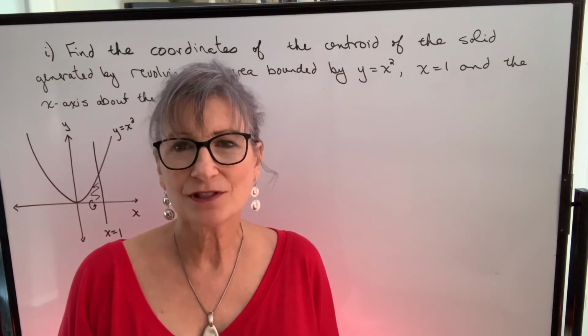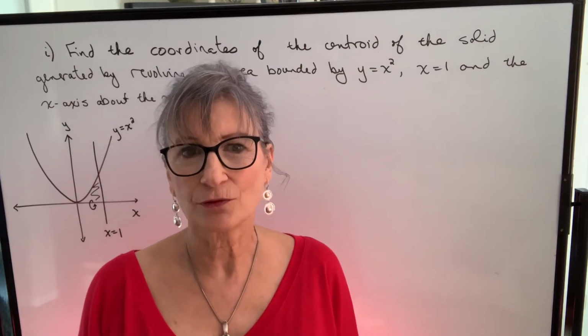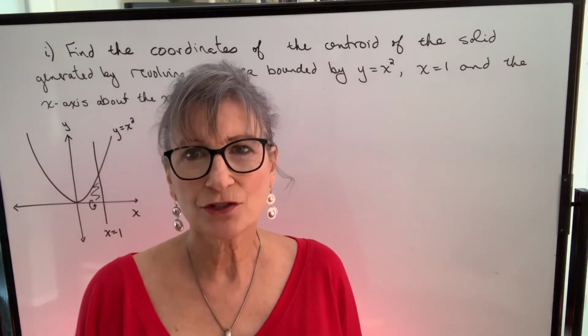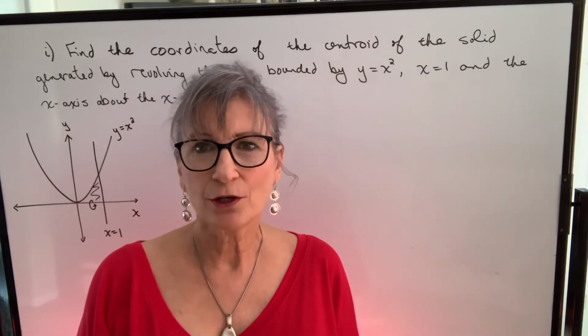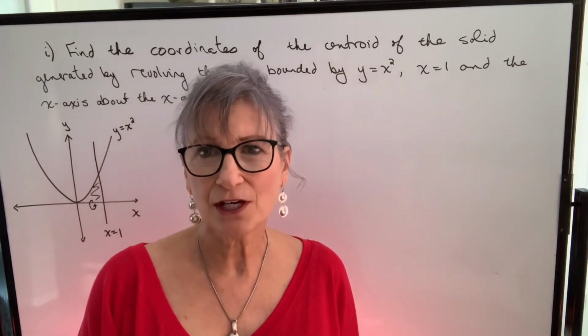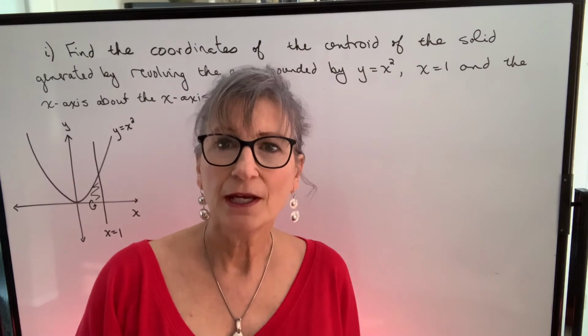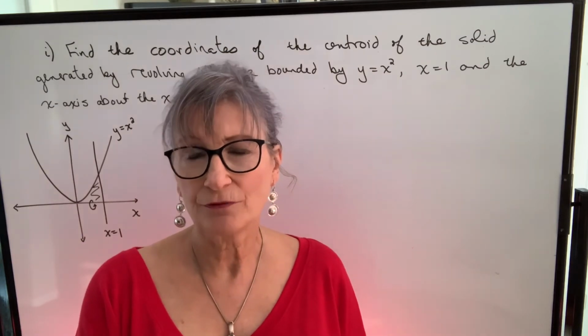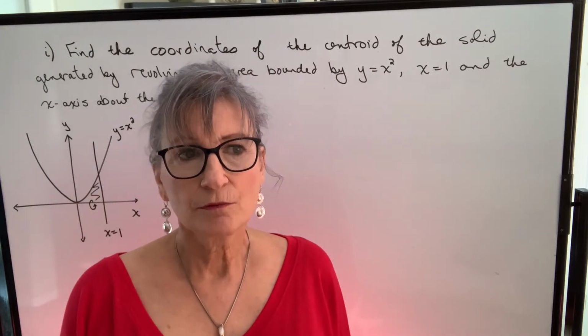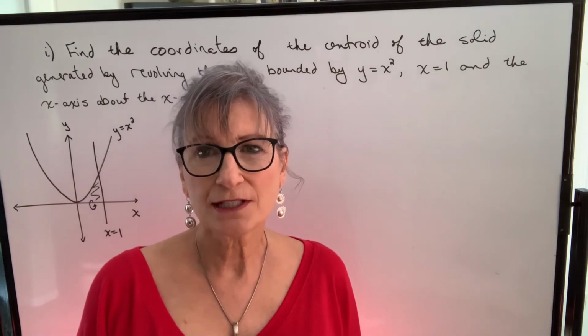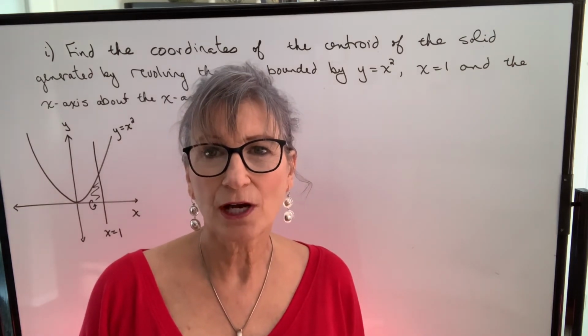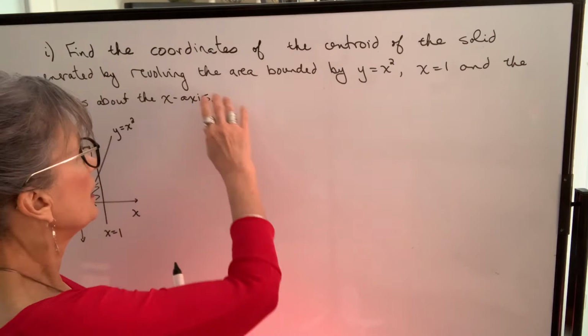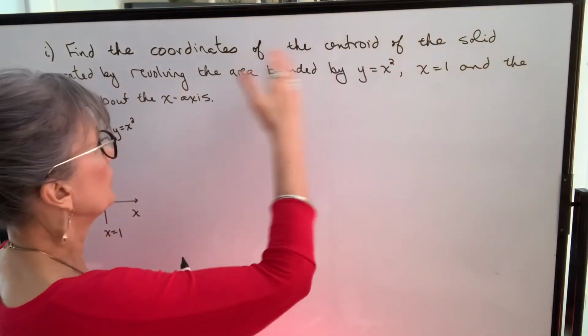I find that students make the mistake of not reading the question carefully. Many of these questions look very similar, whether they're area questions, volume questions, centroids of an area, centroids of a volume, and we're also going to get into moments of inertia of areas and volumes. So just take your time when you read the question to figure out exactly what they're asking, because a lot of them will say the area or the region bounded by all of these things.